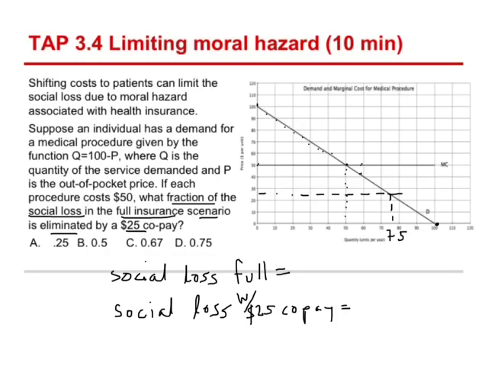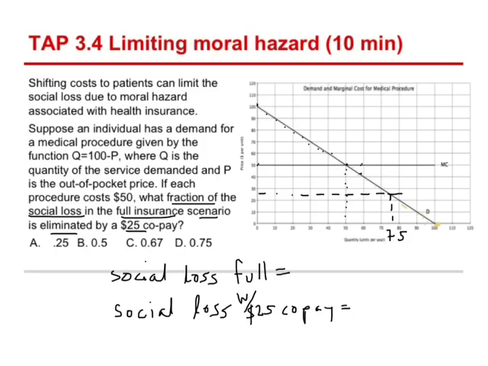Let me pick a different color, a very light orange. To find the social loss in the first dollar coverage case, that's where it costs 0 to get every procedure. So the person keeps having procedures as long as there's value greater than 0.